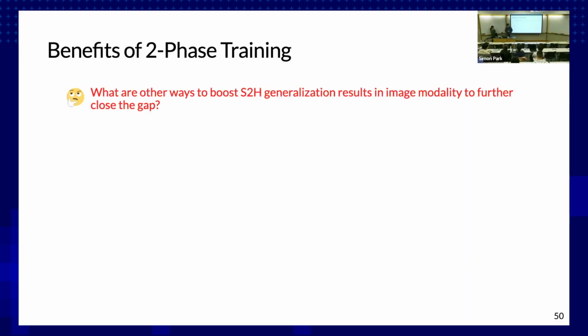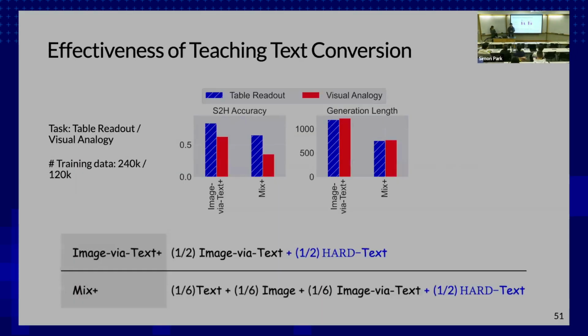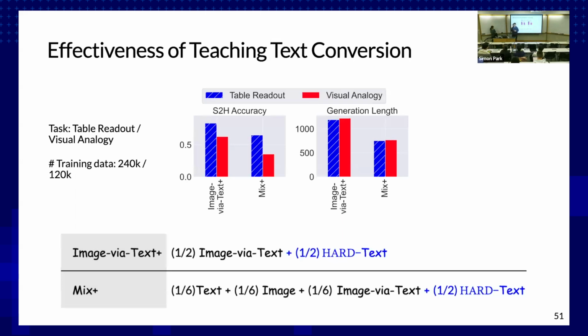Okay, so let's go back to one of the findings from before. We saw that explicit text conversion before solving the task was very helpful. We had image via text, which is better than mix. So we now consider mixing image via text with the hard text examples and see what happens. And we see that image via text plus is still better than mix plus. It generalizes much better, but we still have the same problem.